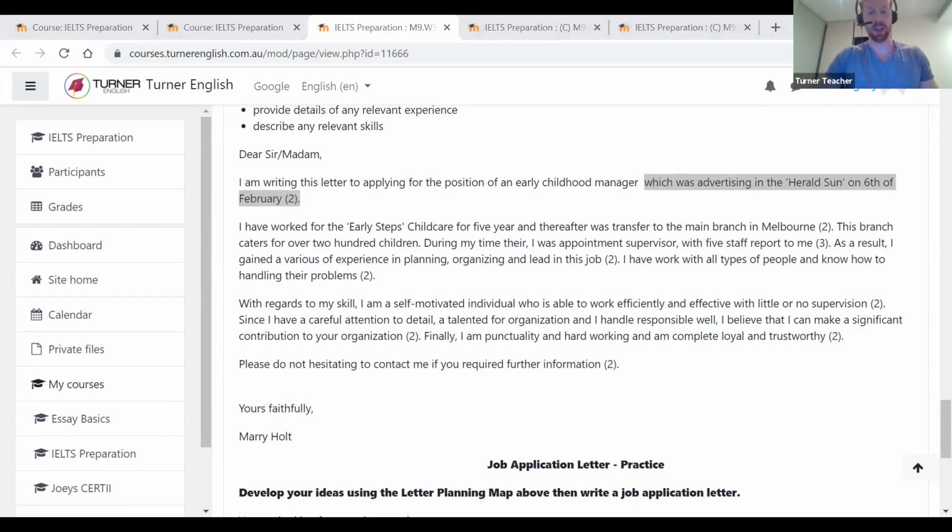So the answer should be, which was advertised. Guys, this is a really good example, but just make sure that you have the grammar corrected before you take phrases or sentences from your own writing.